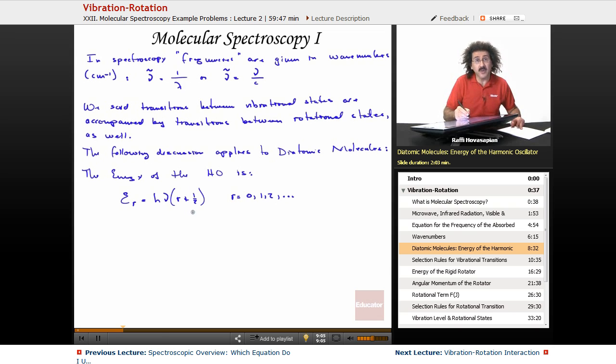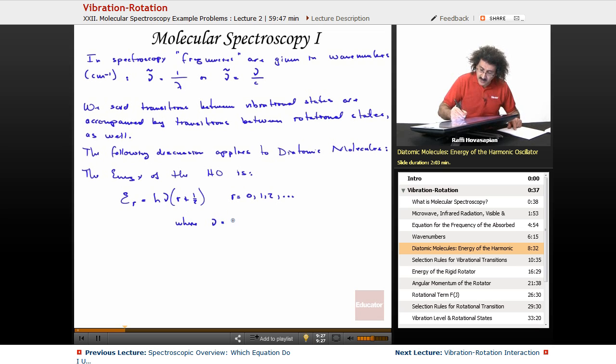When r is equal to 0, we have 1/2 h nu. That's the energy of the ground state. So when the quantum number is 0, put it into the equation for the energy, and what you get is the ground state energy. So we see that there's always some vibrational energy. It's never 0.